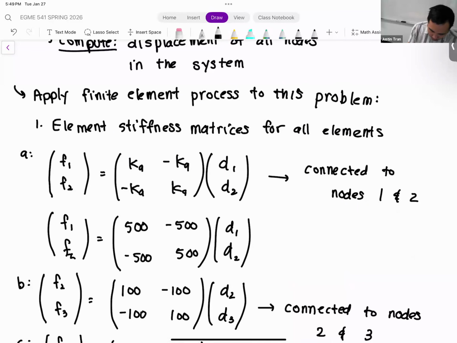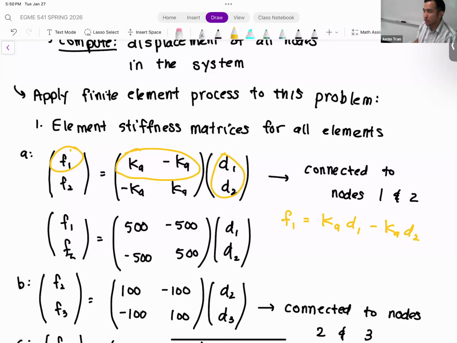If you multiply this through, we're going to get two linear equations. You multiply this first row by this column, and that equals F1, which is Ka times D1 minus Ka times D2. So it's just a generalization of Hooke's law.